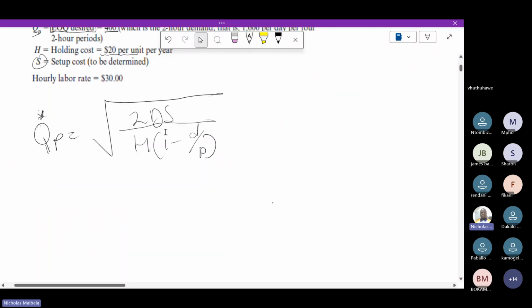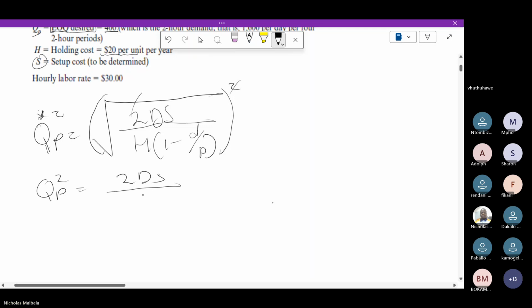We need to solve for S. When you solve for S, you put a bigger bracket, you put a square. This square cancels out, then you'll be left with QP squared equals 2DS over H(1 minus d/p).